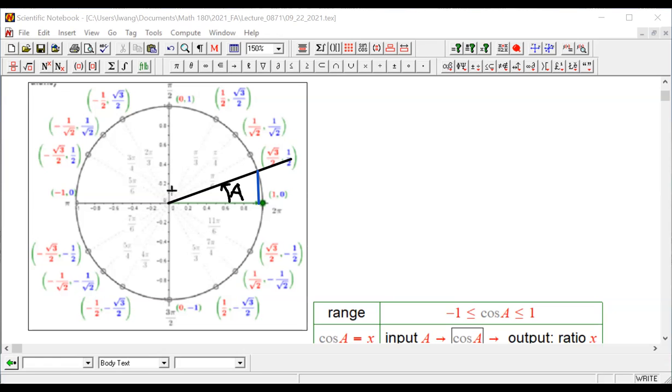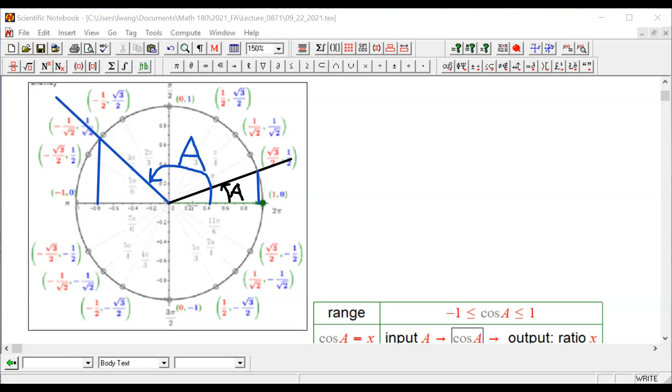Because we know the input is an angle, when you draw this angle, this is the terminal side, and that angle is measured from standard position. Of course, there are many other angles that have something to do with this reference angle. Is that output unique? Yes, the output exists.